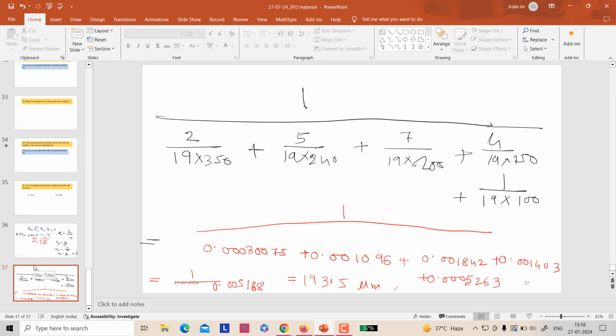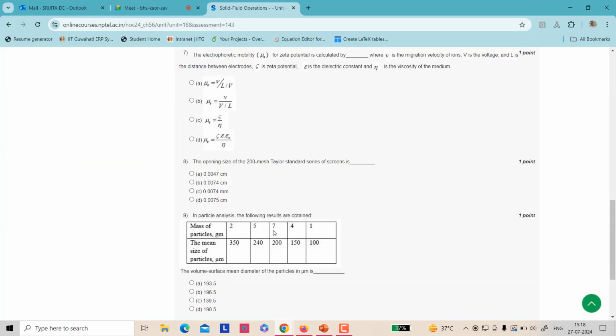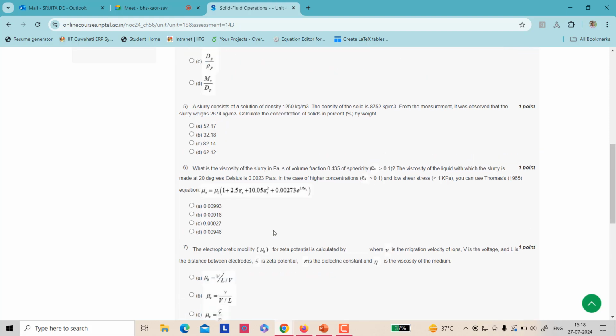Question number 6, sorry. Yes. What is the viscosity of the slurry in Pascal second, of volume fraction 0.435 of sphericity epsilon s is greater than 0.1.